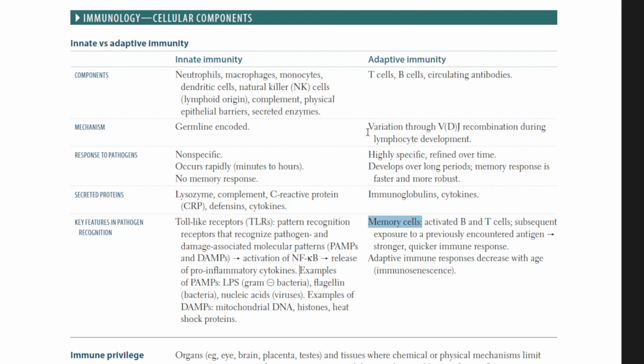So the mechanism of action is variation through VDJ recombination during lymphocyte development. VDJ means variable diversity joining rearrangement.